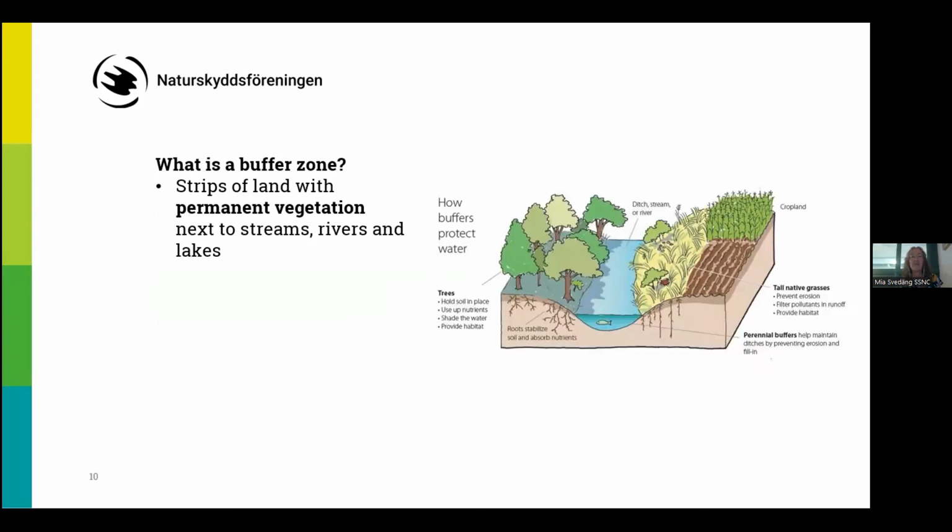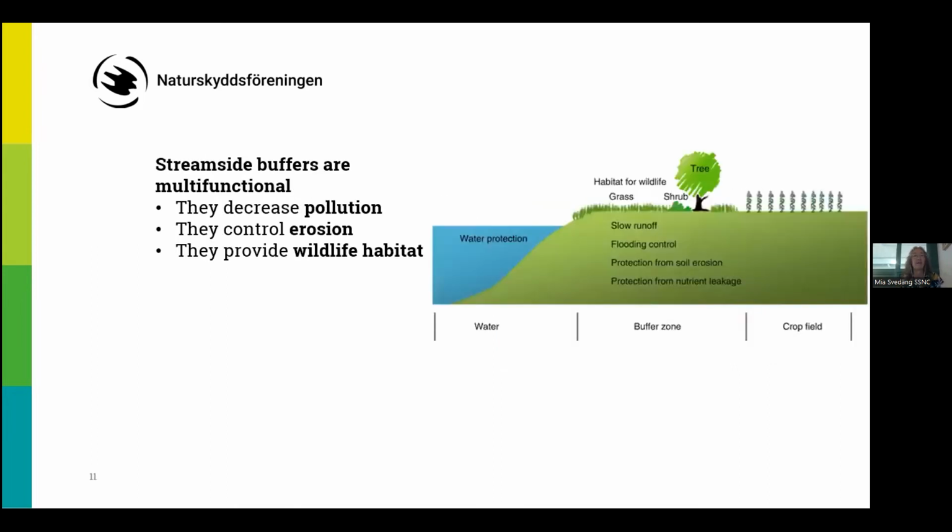Well, it's a strip of land with permanent vegetation next to streams or next to rivers and lakes. So it's some sort of vegetation close to the water that can protect the watercourse, and it can also act as sort of a natural filter, can we say?